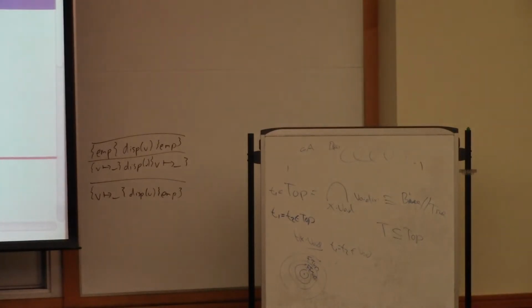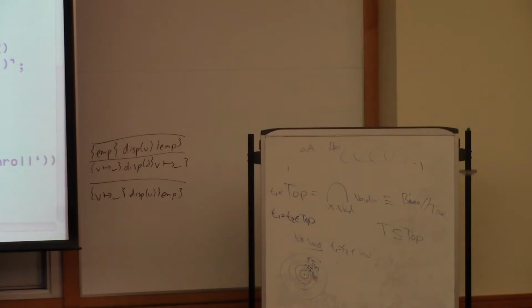And now if f is monotone and satisfies a certain property that I called continuity, but I've been informed other people say preserves omega limits, then this theorem is true. The co-recursive type is a fixed point of f extensionally.